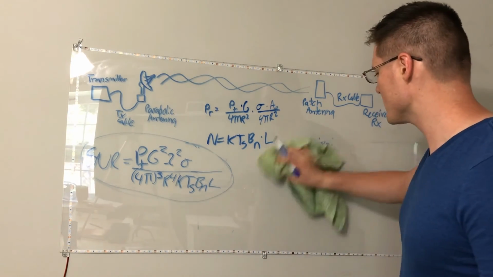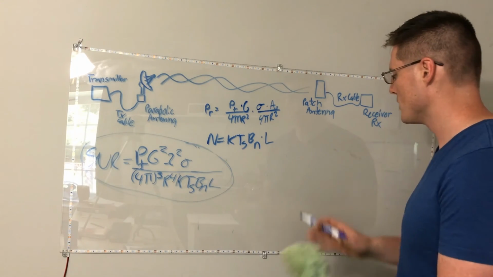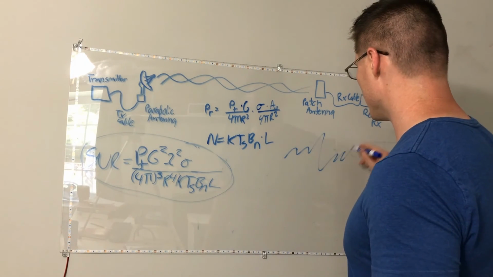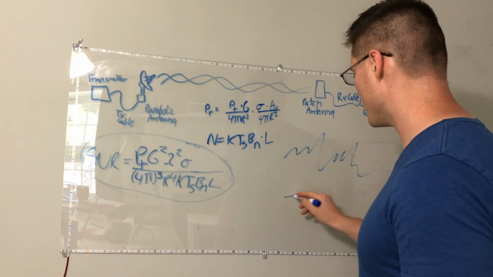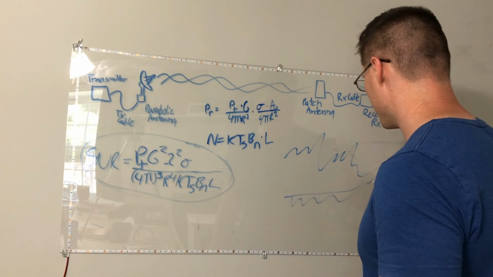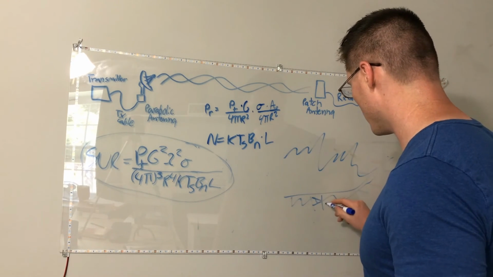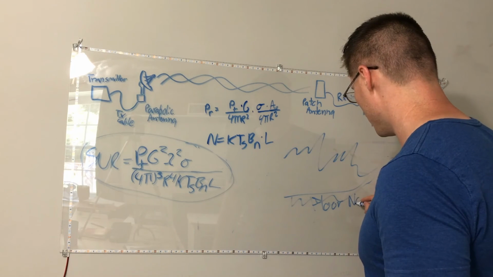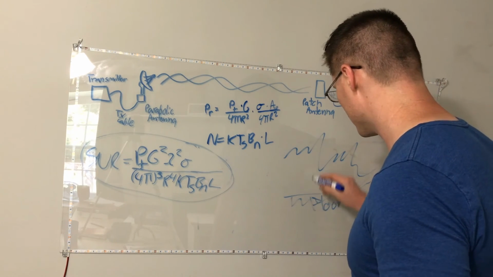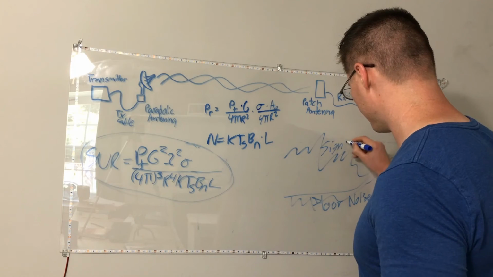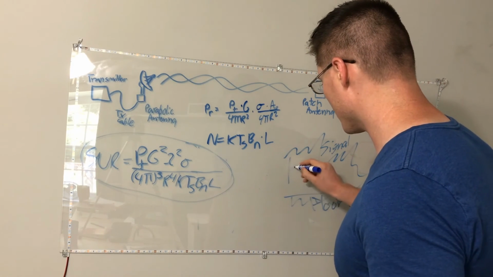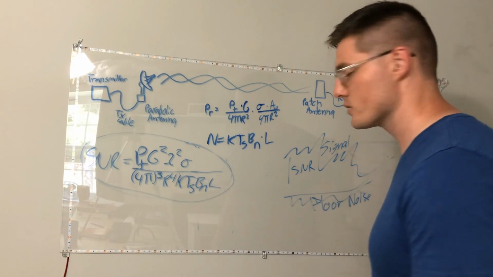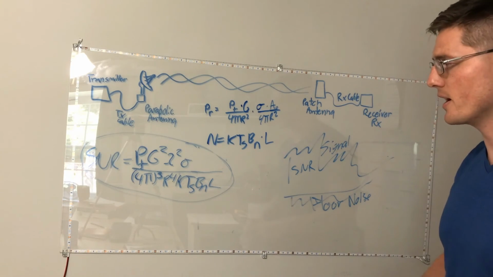You can also see it sometimes like this, where you're given a bunch of signals and then you're given your noise floor. So that's your noise floor, and this is your signal. You then can calculate your signal-to-noise ratio associated with that.